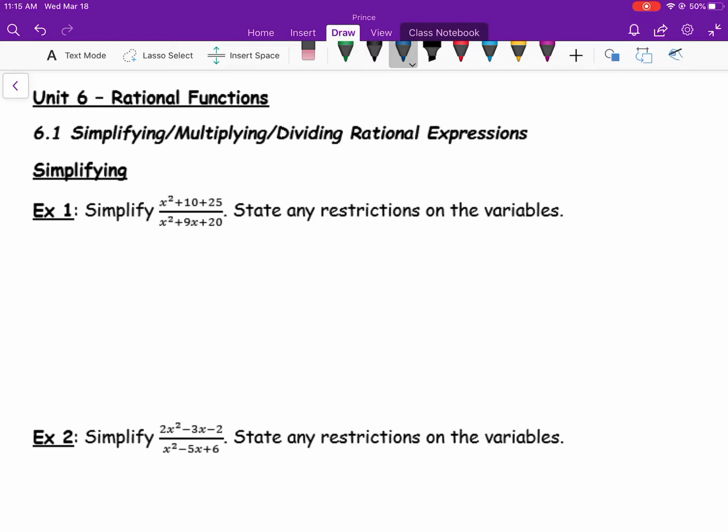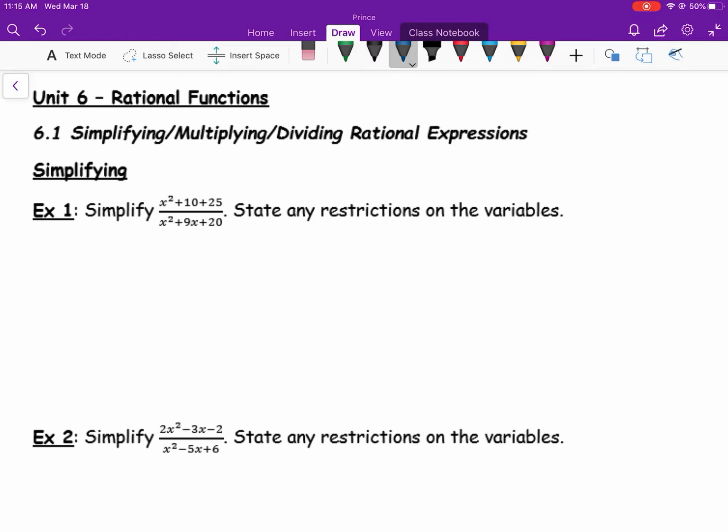So plus 4 and plus 5 add to 9. So we just get x plus 4 times x plus 5. Now I'm going to rewrite it in factored form: x plus 5 times x plus 5 divided by x plus 4 times x plus 5.